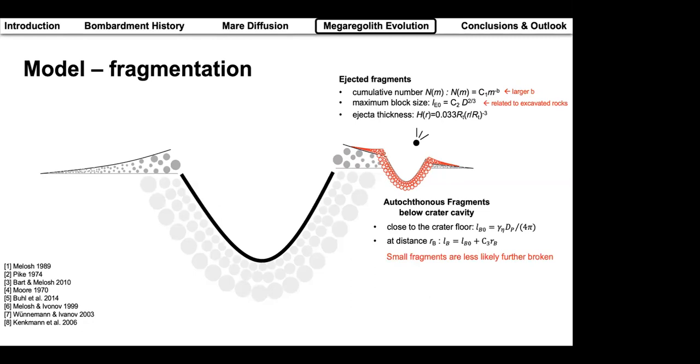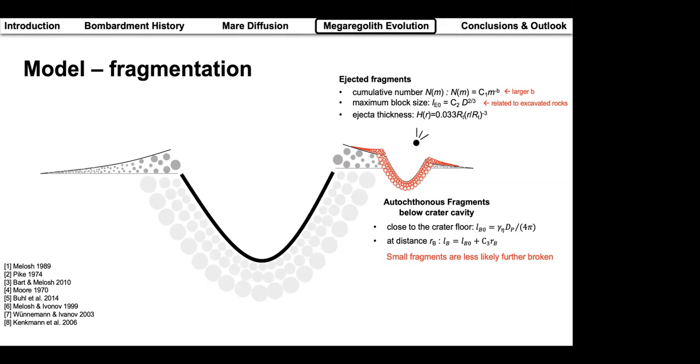For the fragments below the crater floor, of course, there is also a significant difference. But the major thing to know is that the previously generated small fragments will become more and more difficult to break further. All these consequences are considered in this model, of course.